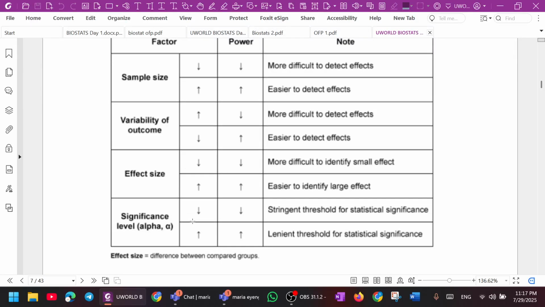And variability of the outcome and significance level are vice versa. If variability of the outcome increases, then power decreases.